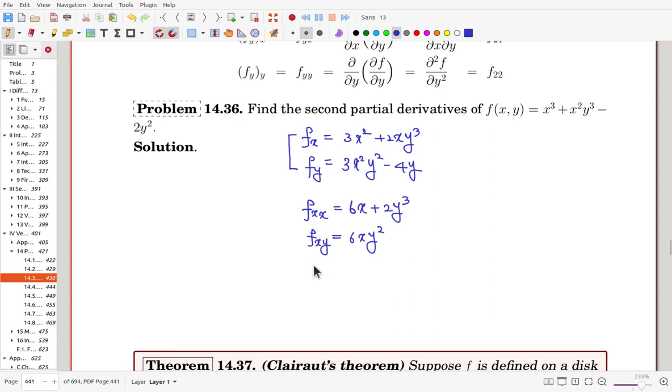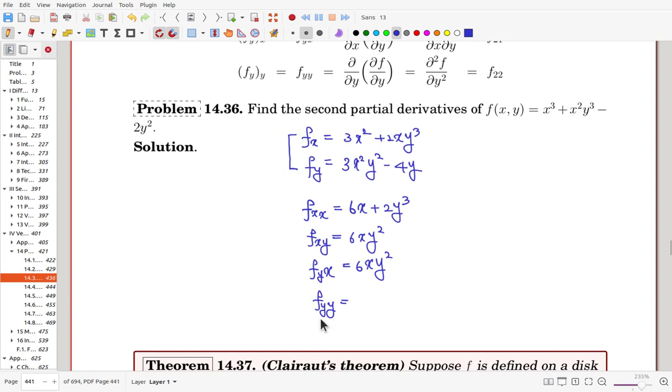Right? Now f sub yx, and for that one, we take the x derivative. So in the x direction, that will make 6x, and now y squared as a constant, and that must be 0. How about f sub yy?